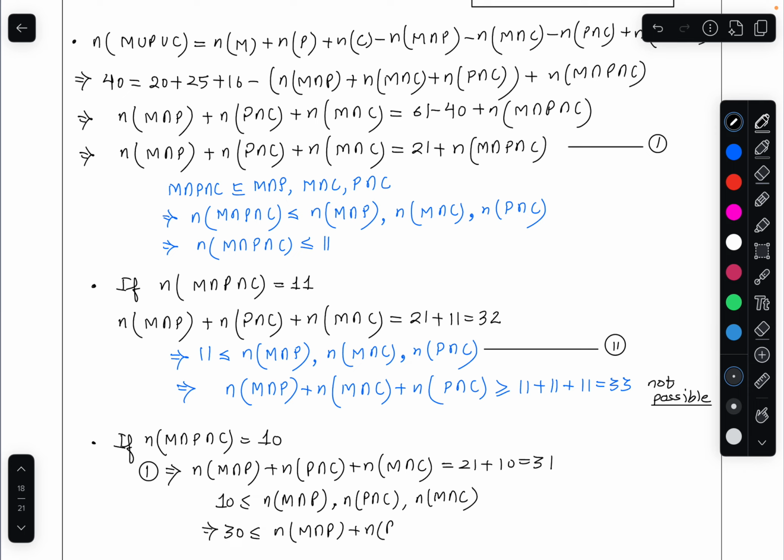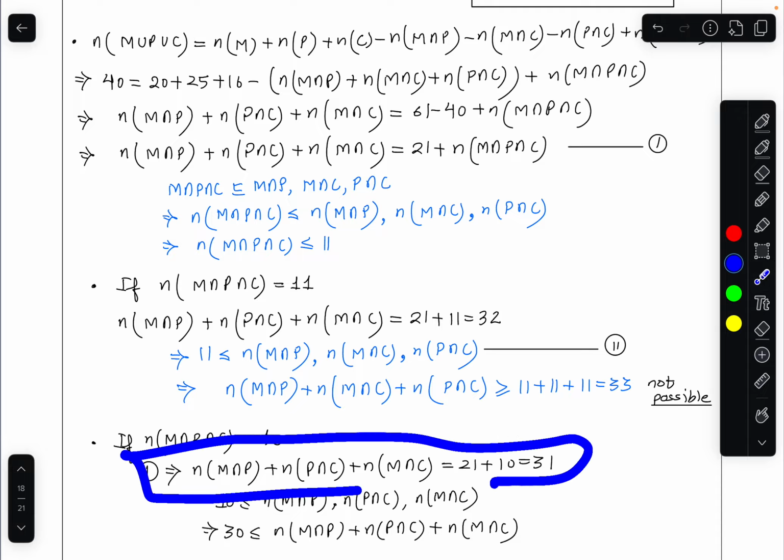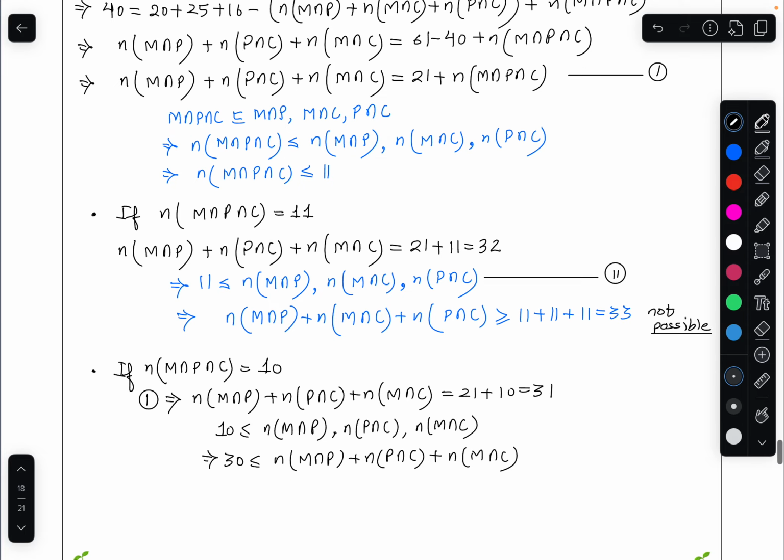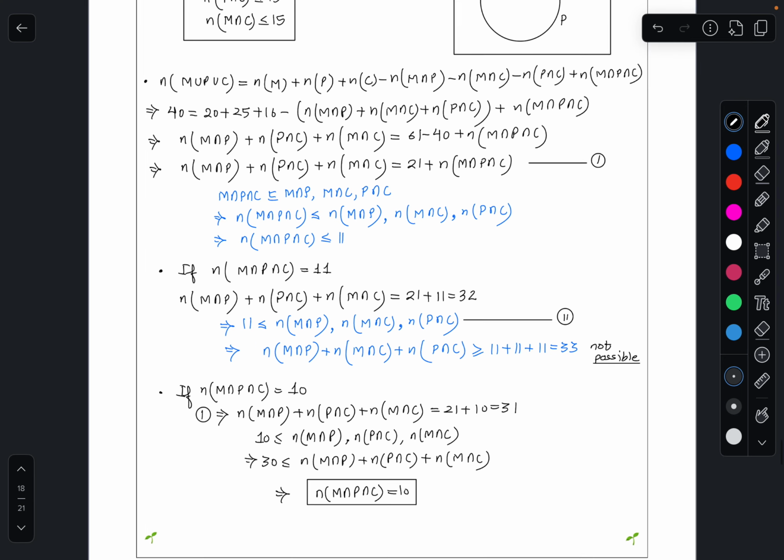So it doesn't contradict what I have here. This relation says the sum should be greater than or equal to 30, which is true for us. That's what gives me the answer: the maximum possible value of M intersection P intersection C, which satisfies the condition given in the question, would be 10.